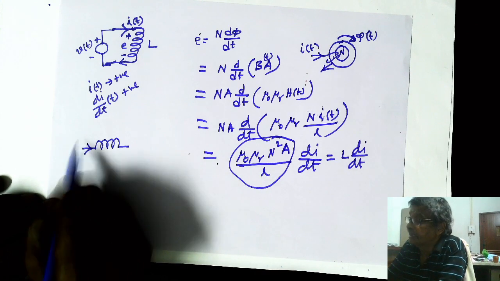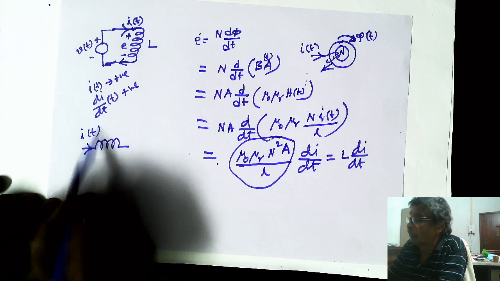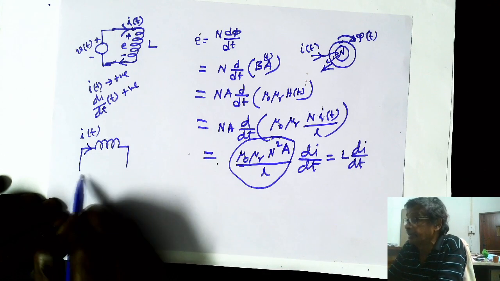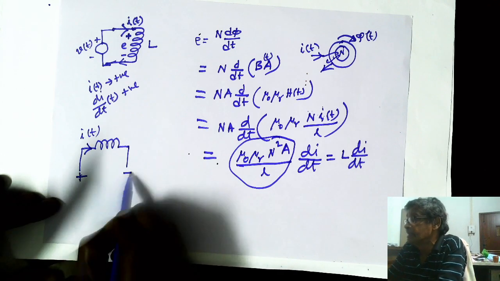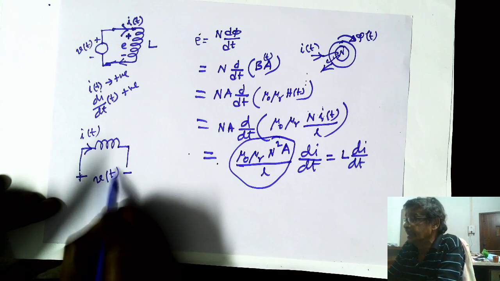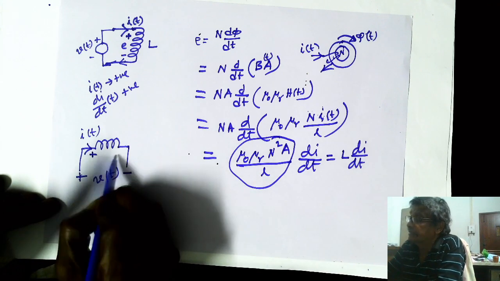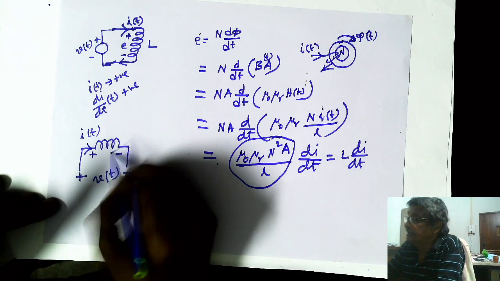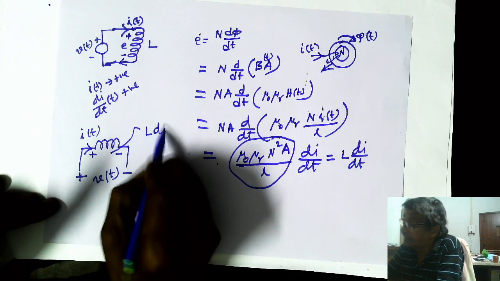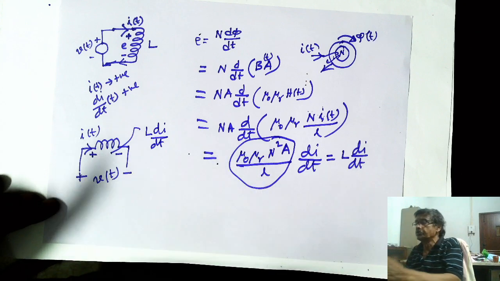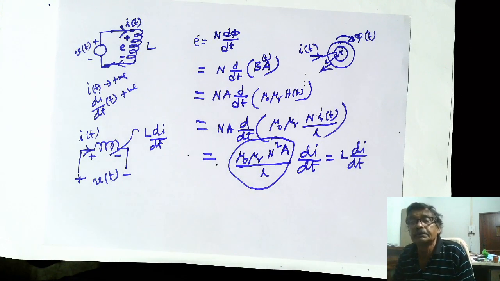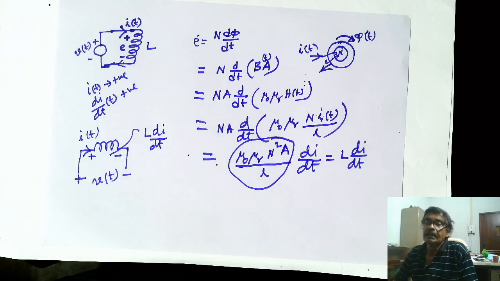If current is entering, if you have applied a voltage with this polarity, these are important steps, V(t), this is i(t), then I will say voltage across the inductance is L di/dt with this polarity, assuming di/dt positive, i positive at a given instant of time.